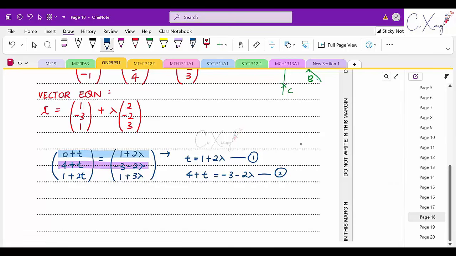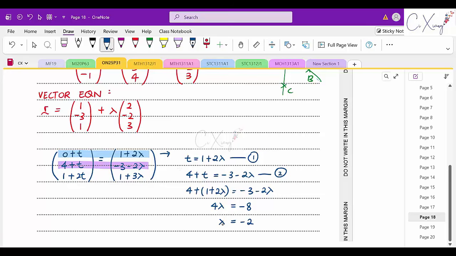Alright, substitute equation number 1 into equation number 2. So what do I have here is 4 plus t, t is 1 plus 2 lambda. Then I try to simplify them, and my lambda here is equal to -2.